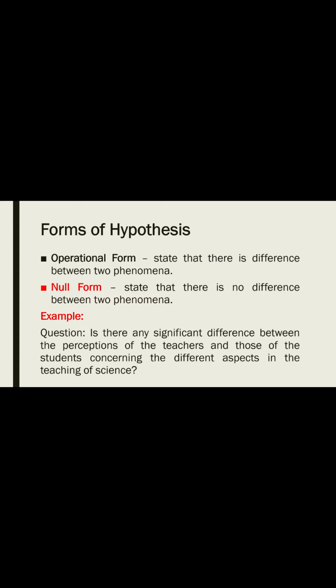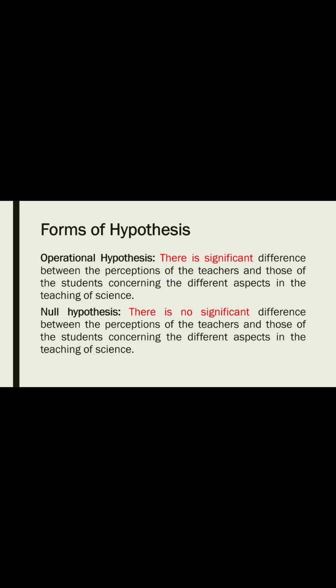Is there any significant difference between the perceptions of the teachers and those of the students concerning the different aspects in the teachings of science? In the operational hypothesis, there is significant difference between the perception of the teachers and those of the students concerning the different aspects in the teachings of science.